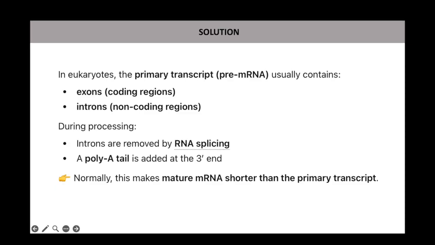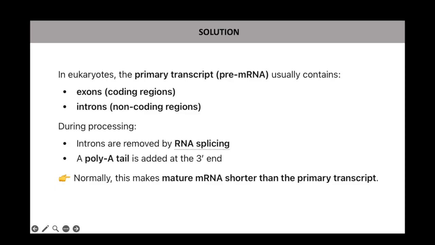That is why the pre-mRNA will always be longer than the mature mRNA. The introns are getting removed, and even though a poly A tail is added, the size of introns is way huge compared to the poly A tail. So despite the addition of a few A nucleotides at the 3' end of the mature RNA, the mature RNA will always be shorter than the primary transcript RNA.